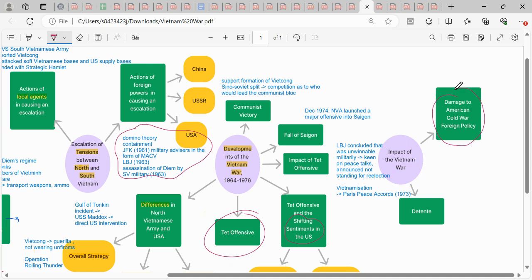America's ideology. The campaign against the communists was depicted as a moral crusade to show that their ideology was better, but the atrocities committed by America, the use of chemical weapons, undoubtedly damaged their reputation. America had failed to enact containment, meaning it was a failure of containment. They were supposed to keep at least South Vietnam free of communism.